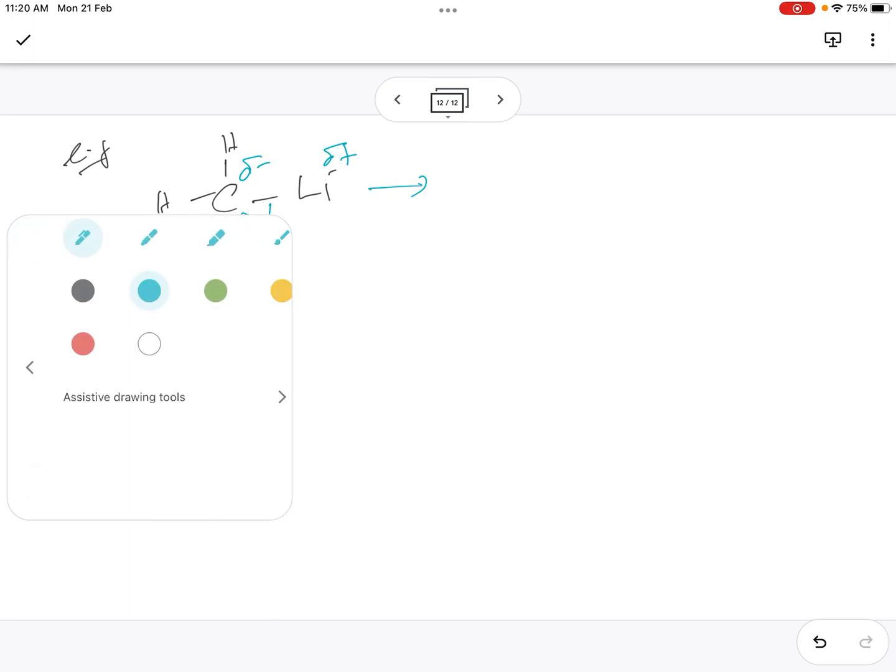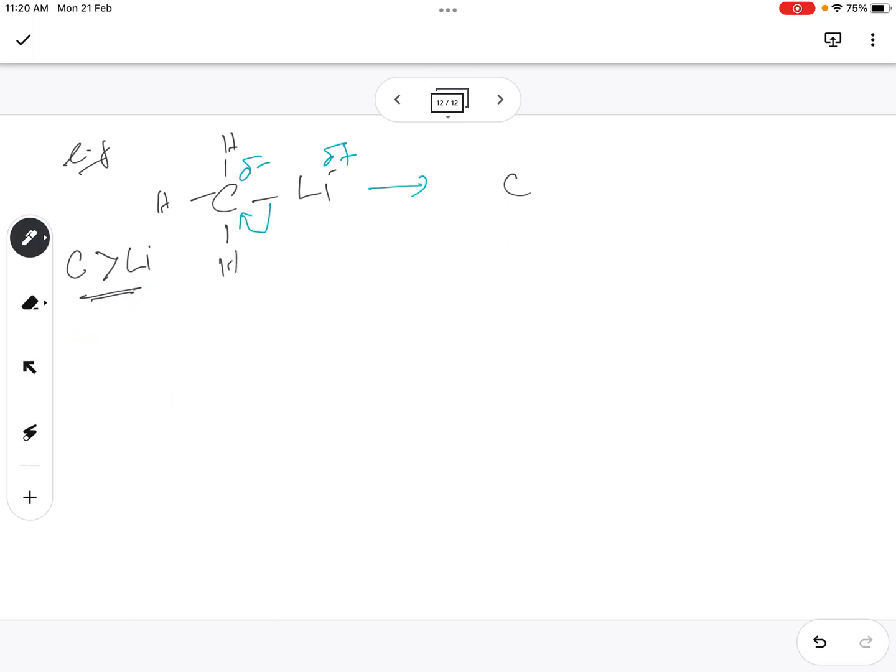Therefore, kita akan hasilkan carbon, hydrogen become negative and lithium become positive. This is now the anion and this is the cation.